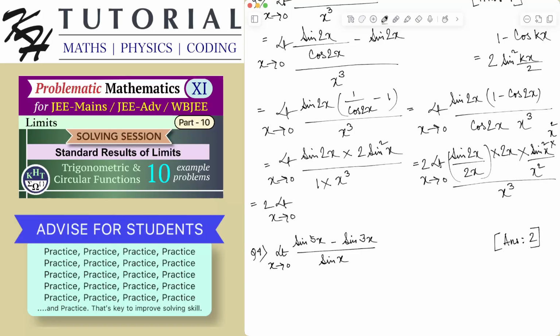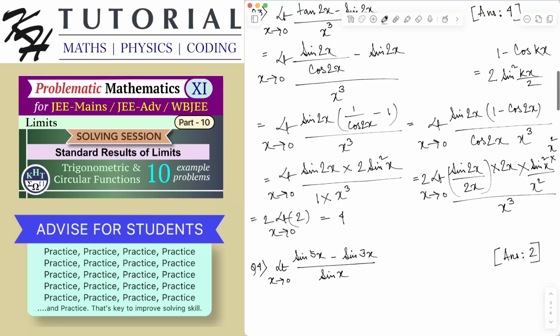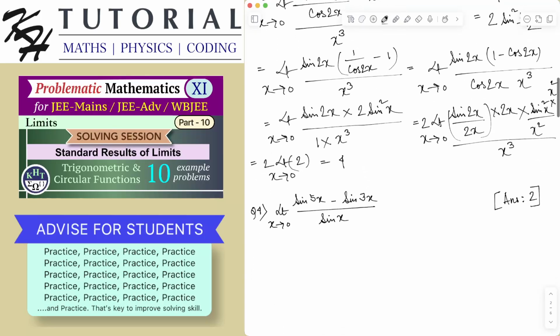Actually it will be the square of the limit x tending to 0 of sine x by x, and sine x by x limit is 1. Okay, so we are left with 2x cube by x cube, which is 2. So this becomes 4. Okay, let's see the next problem.